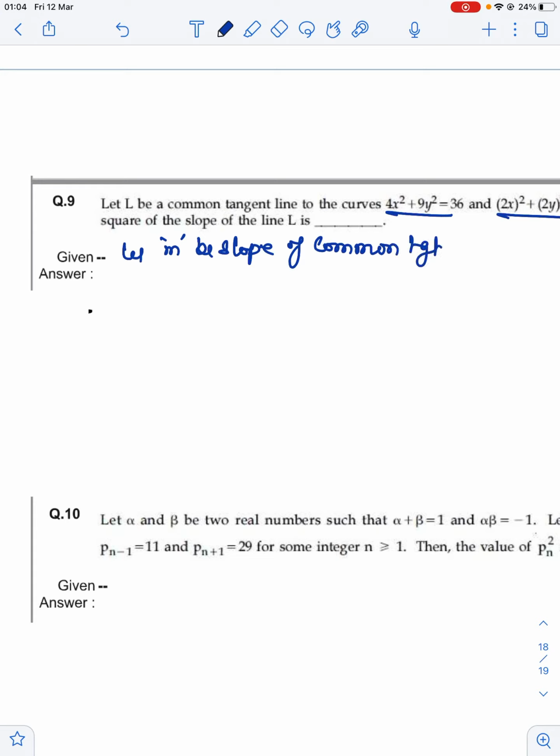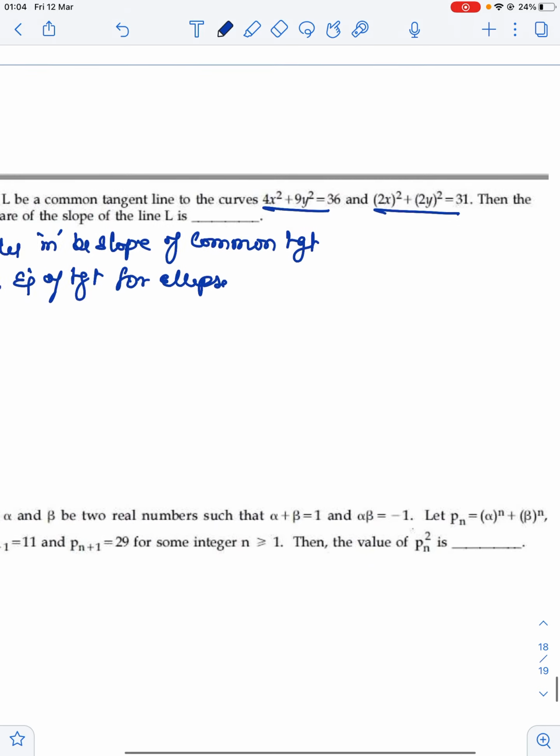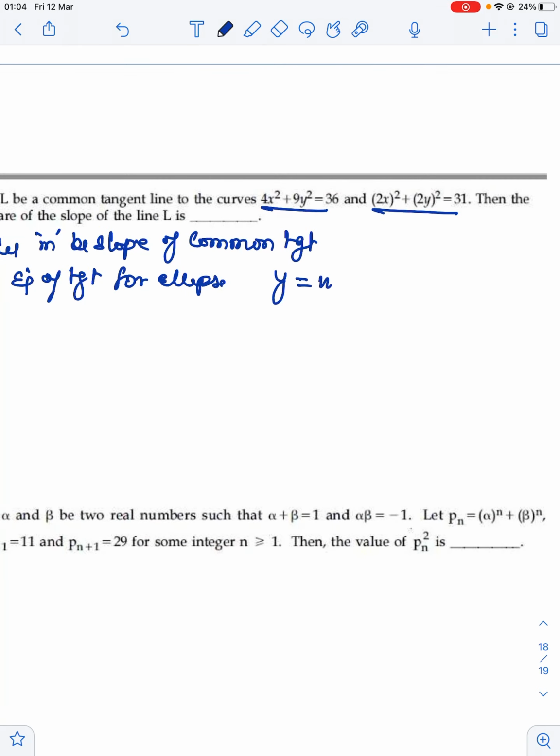So the equation of tangent for the ellipse will be y equal to mx plus minus root over m square a square plus b square. So a square is 9, so 9m square plus b square is 4.